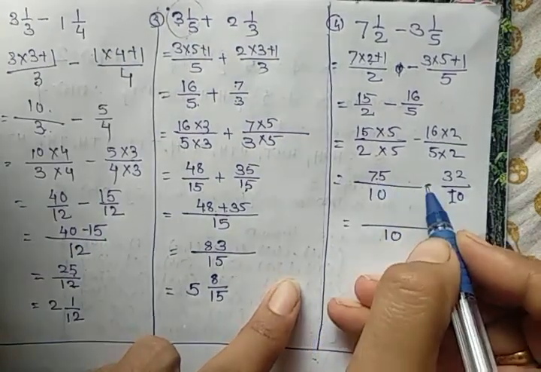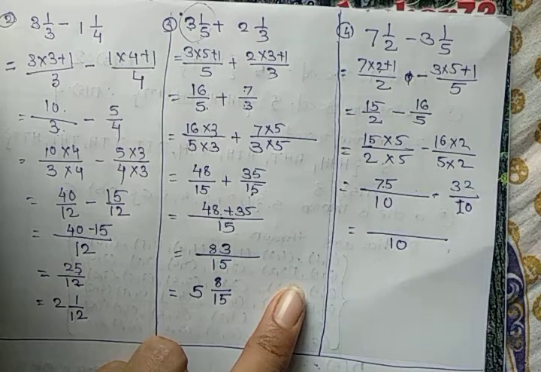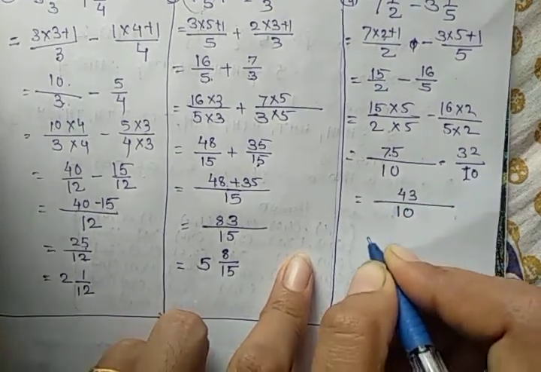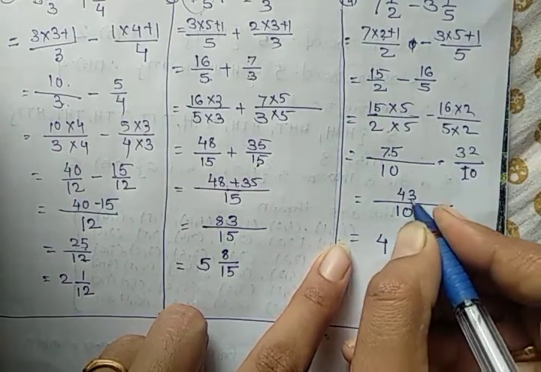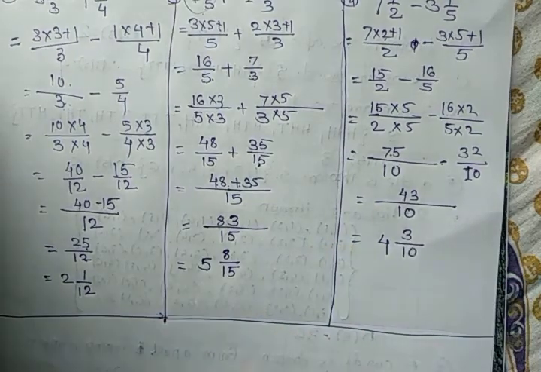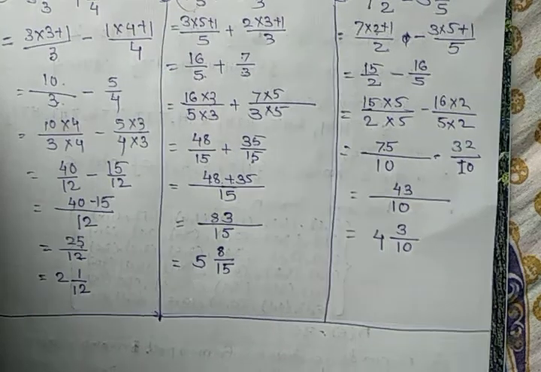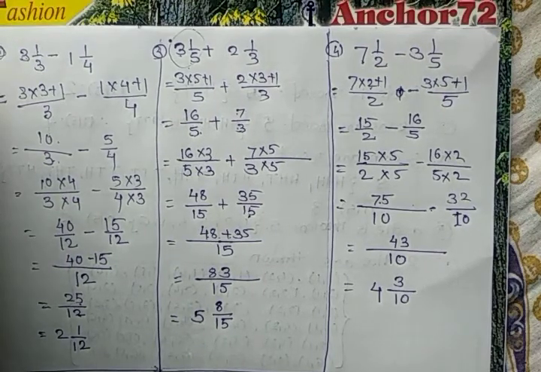Here 75 minus 32. The answer is 43 upon 10. 10 fours are 40, remainder is 3, so 4 complete 3 upon 10. This is the answer. Check your answers. Is it correct?